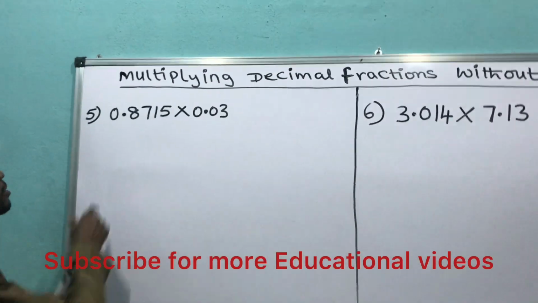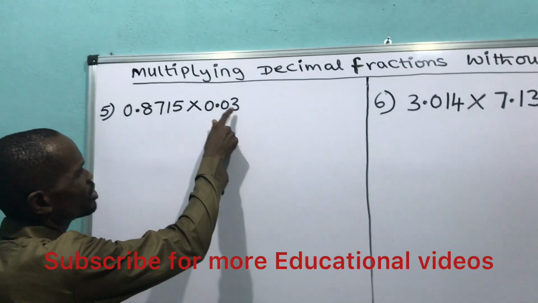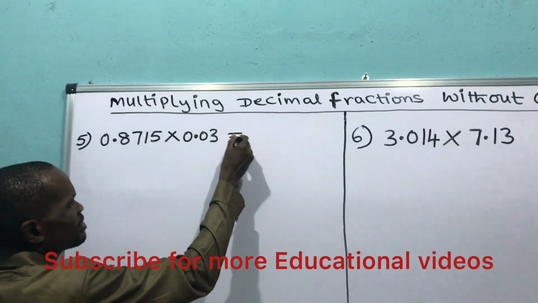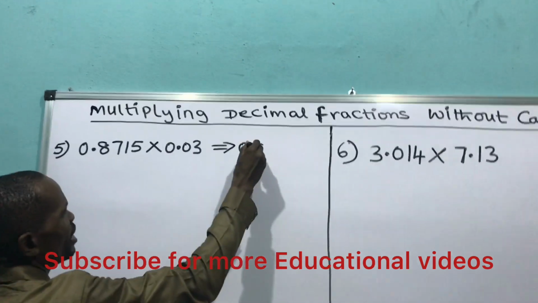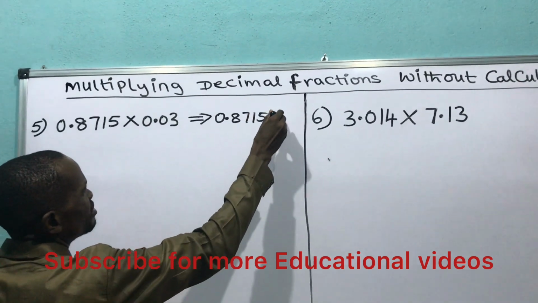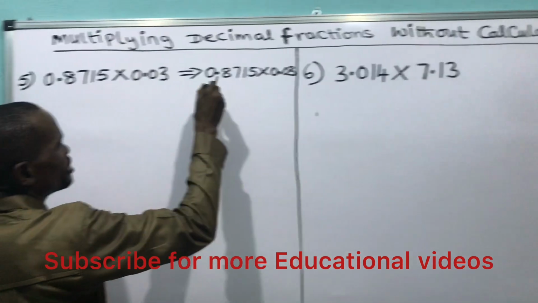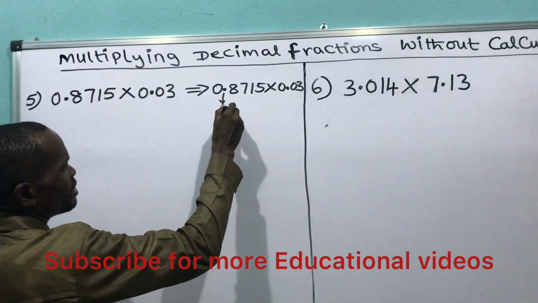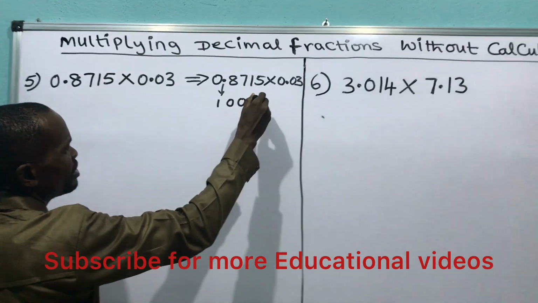Number 5 says 0.8715 times 0.03. First of all, let's see the number of decimal places. 0.8715 times 0.03. I know that this point is 1. Then 8 is 0, 7 is 0, 1 is 0, 5 is 0.